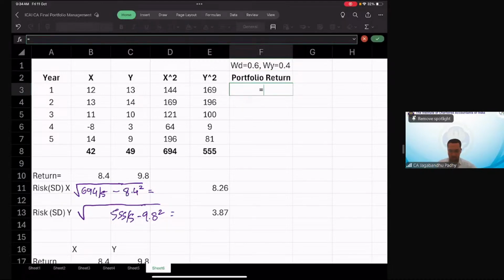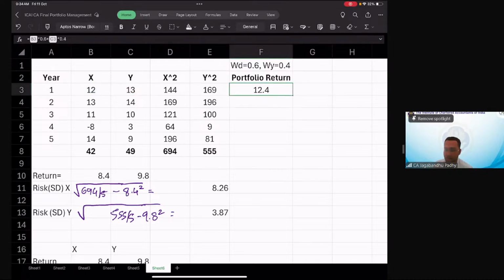Can I say I would have earned 12 multiplied by 0.6 plus 13 multiplied by 0.4? Can I say I would have earned 12.4% return in the first year? Right, guys? Because if I have invested 100 rupees, 60 rupees has gone to X, 40 rupees has gone to Y. So 12% on 60 rupees and 13% on 40 rupees will give us this rate of return.